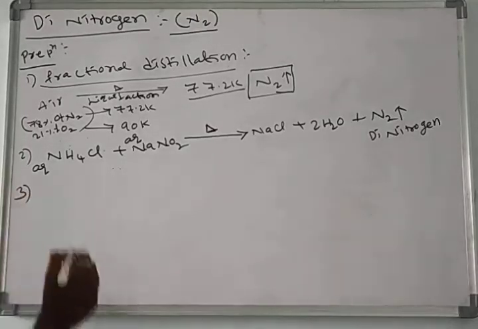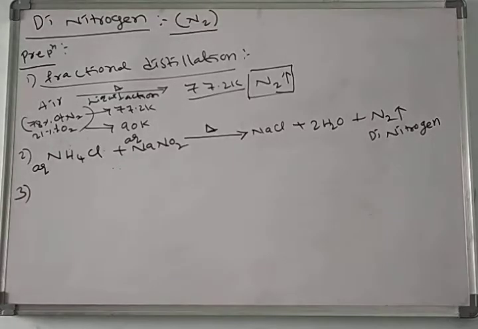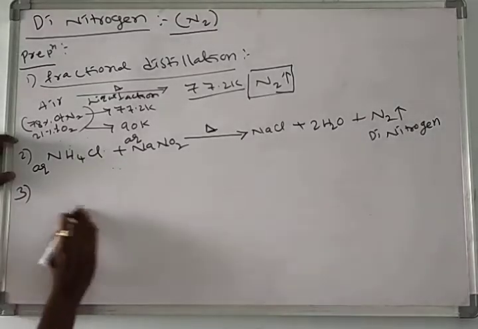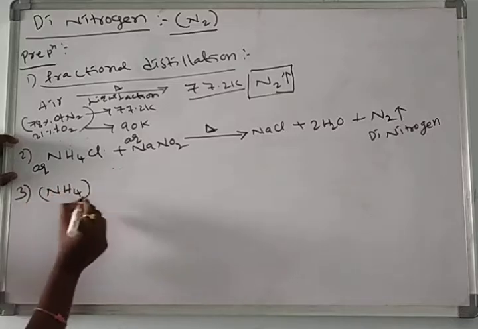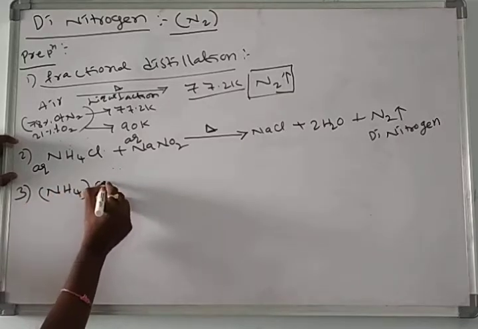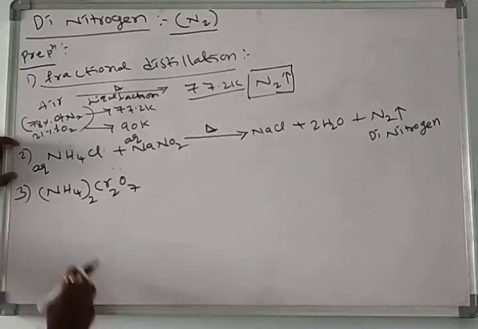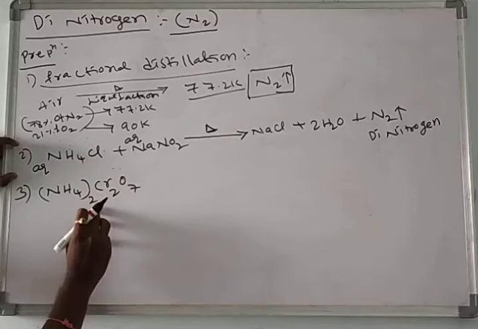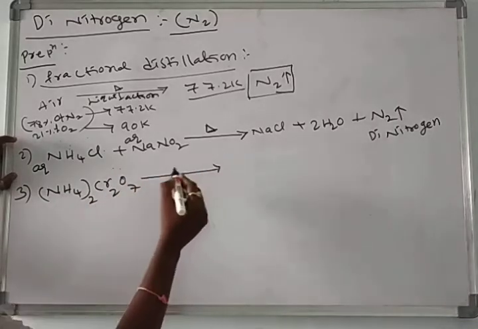The third method is the thermal decomposition of ammonium dichromate. K2Cr2O7 means potassium dichromate; ammonium dichromate means (NH4)2Cr2O7.